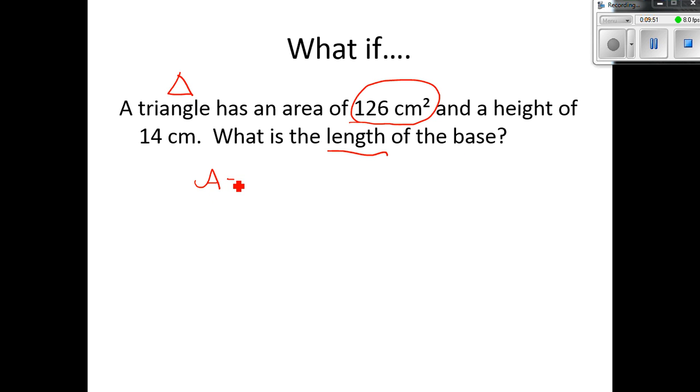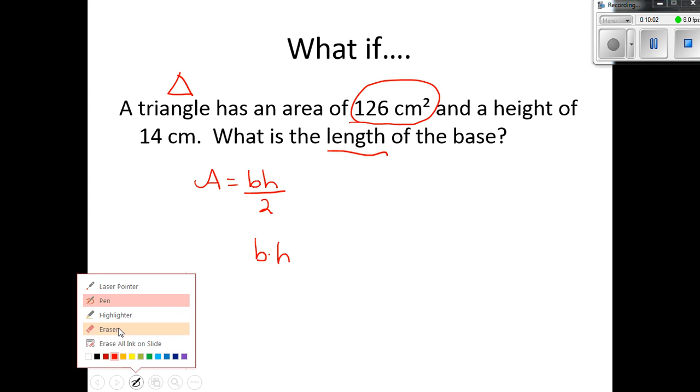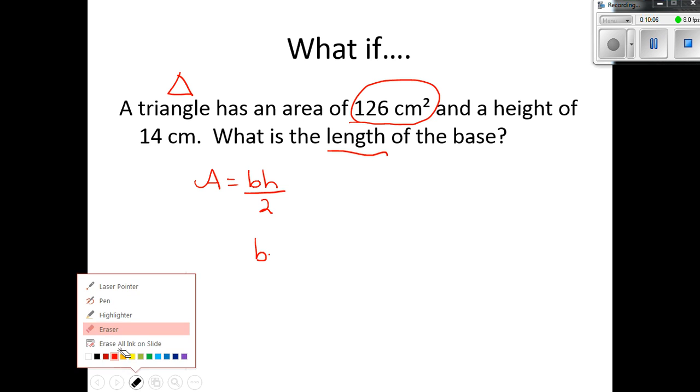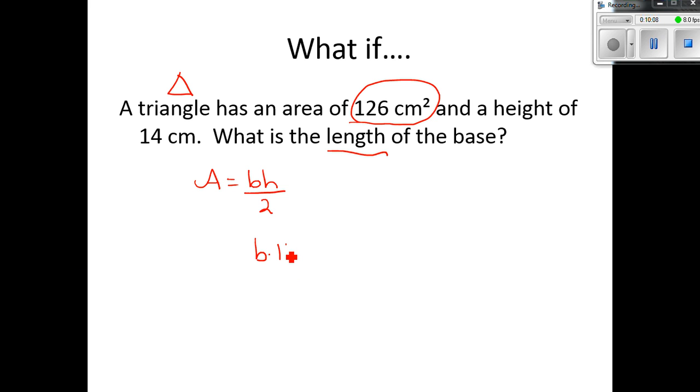Well, area is equal to base times height divided by 2. The height is 14. The base is what we're looking for. So I'm going to put 14 in for the height, divided by 2, and I know the area is 126.